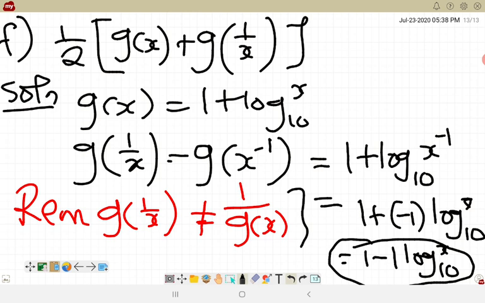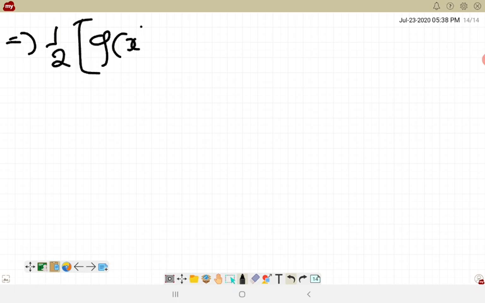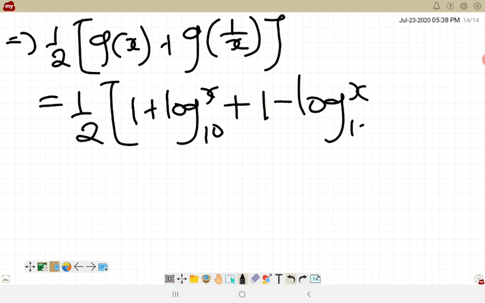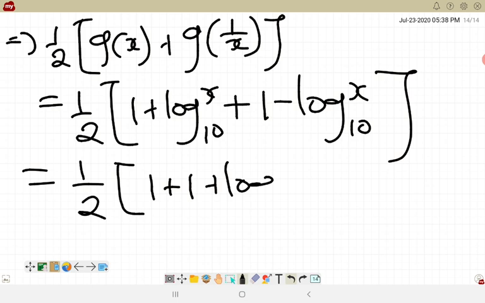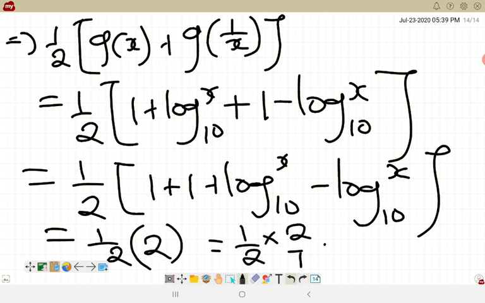So taking this, adding them together, we have 1 over 2 into g of x plus g of 1 over x equals 1 over 2 into 1 plus log x base 10 plus 1 minus log x base 10, which is 1 over 2 into 1 plus 1 plus log x base 10 minus log x base 10, which is 1 over 2 into 1 plus 1, which is 1 over 2 times 2 over 1, which equals 1.